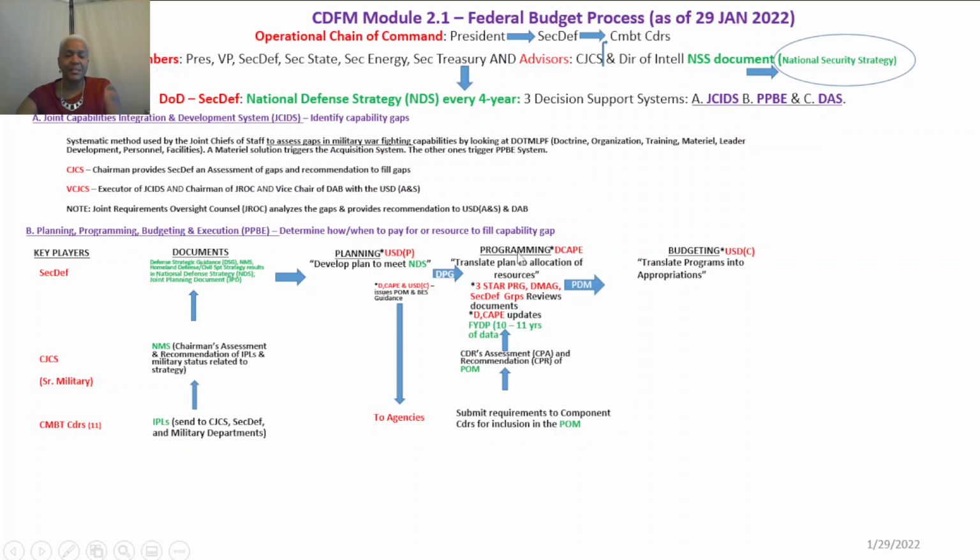Now we got particular categories of things we plan to do, we want to do. Now we need to take those programs and translate them into appropriation language, so that when we send them forward to Congress, Congress understands what it is that we need or what it is that we're asking for.